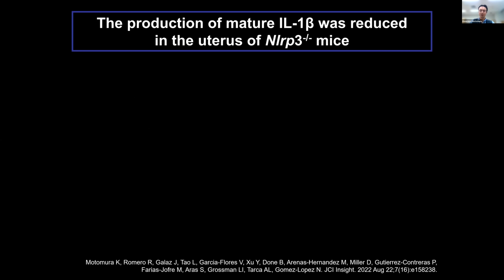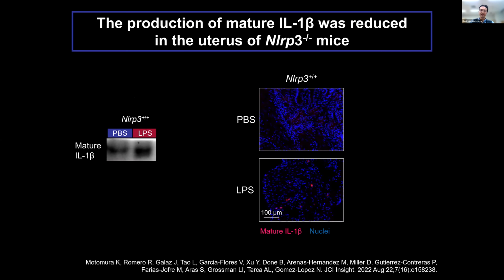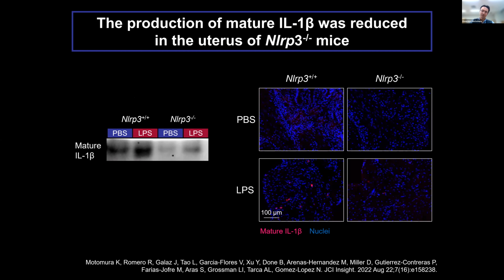Moreover, the production of mature interleukin-1 beta, which was increased in the uterus of wild-type mice, was not observed in knockout mice. These data show that NLRP3 deficiency also protects against preterm birth by interfering with the process of uterine contractility, which includes inflammasome activation.